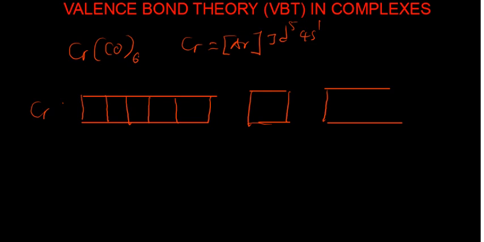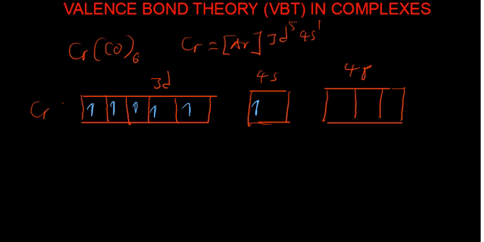And then for this one, there are 3 of them. So we've got 3d, 4s, and then 4p. This is a strong ligand. Let's remember that. So we are filling the 3d with 5 electrons. So we've got 1, 2, 3, 4, and 5. And then for the 4s, we have 1 electron.